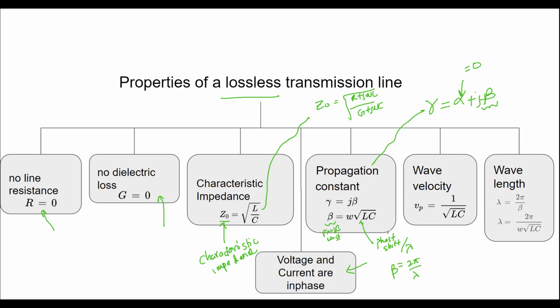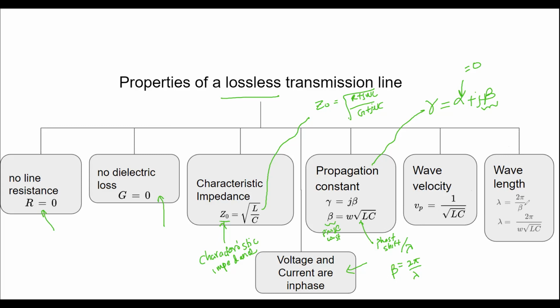And then we have wave velocity. That means the velocity at which the wave is propagating along the line. We derived this expression in our last class also, which is 1 over square root of LC, right? So when we consider lossless transmission lines, we can denote the wave velocity by using only the L and C components of the transmission line circuit. And then we have the wavelength.